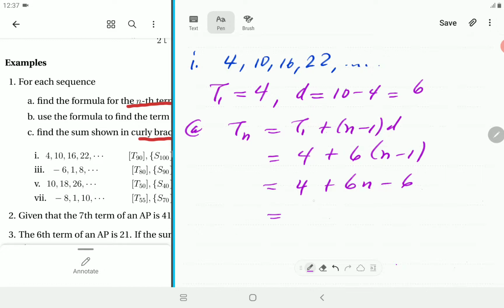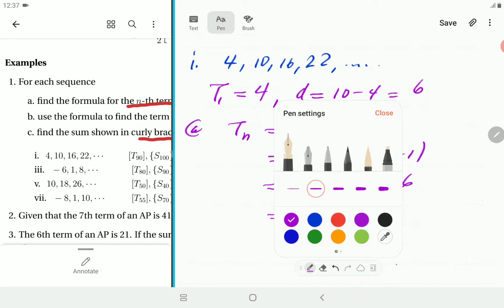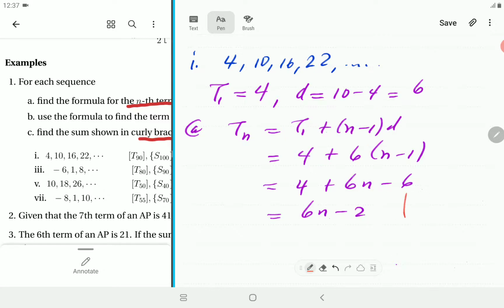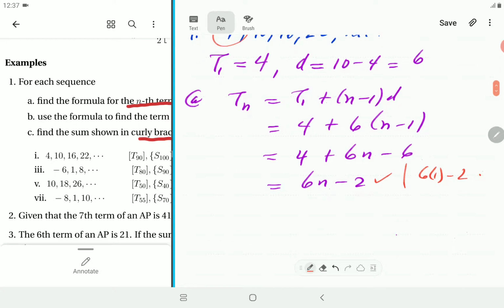So this is going to be 6n minus 2. Now the formula we can always check by plugging in n equals 1. It should give us the first term of the progression. So here it's going to be 6 times 1 minus 2. So it's 6 minus 2 is 4. So it looks like this formula is good.